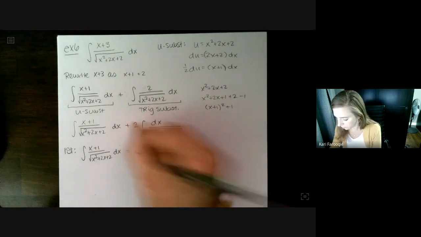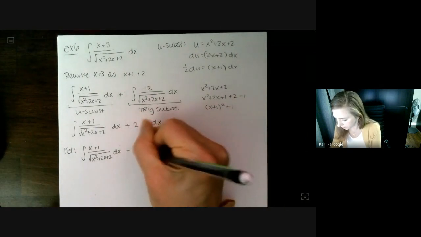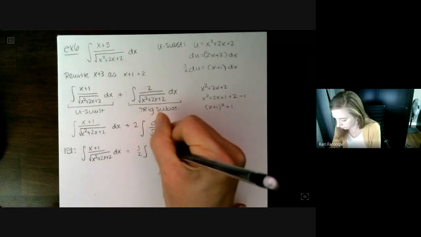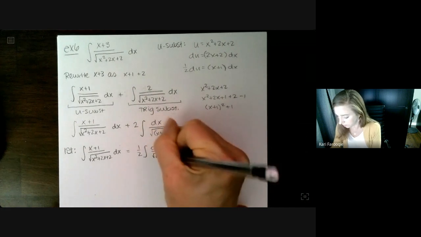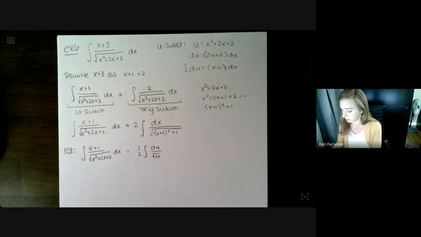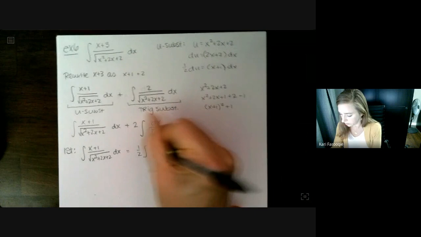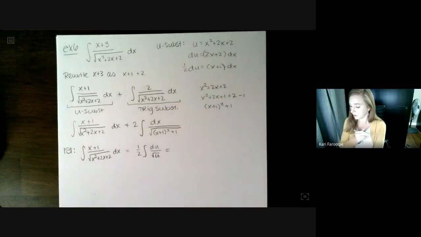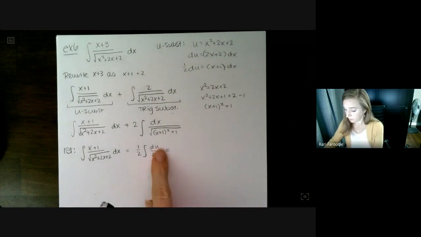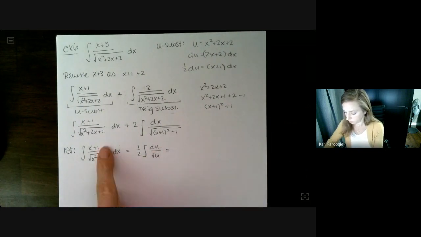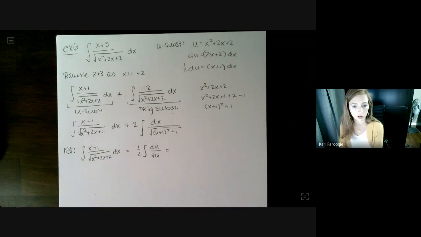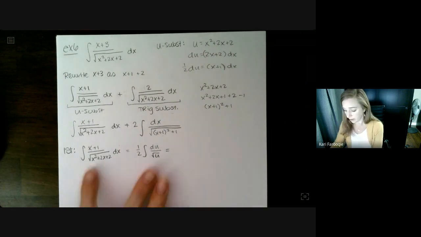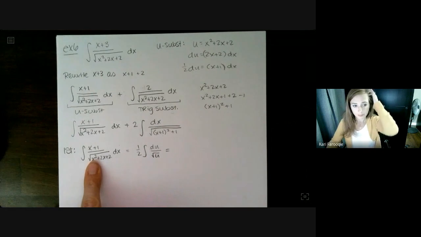So I can rewrite this as 1/2 times the integral of du divided by the square root of u. I'll leave it like this for now; we'll rewrite it again anyway. So the 1/2 du is x plus 1 dx, and then the square root of u is what's in your denominator. So this is a Calc 1 integral right here.